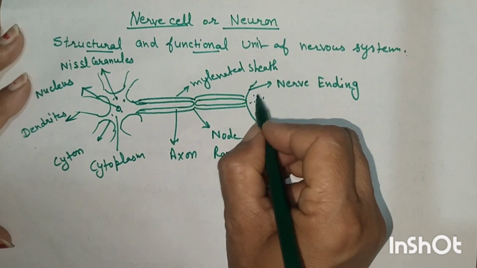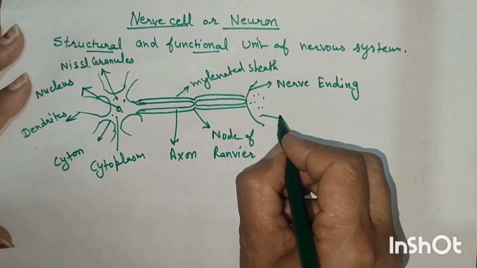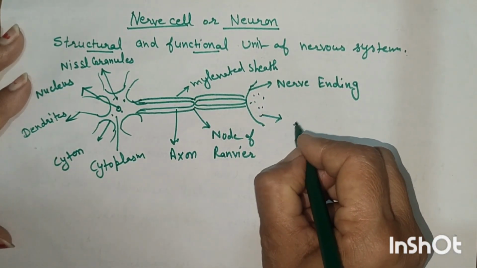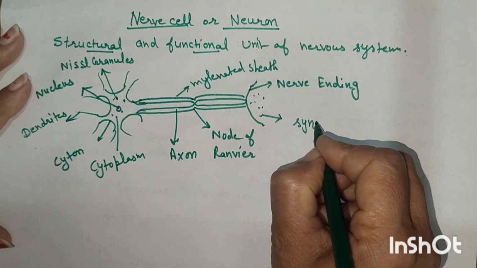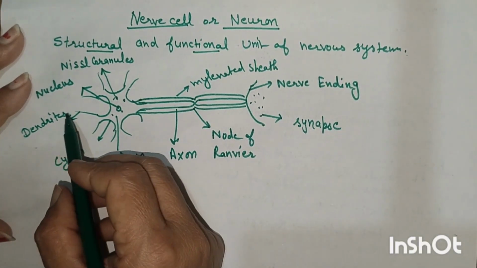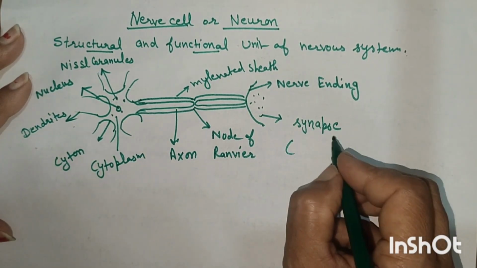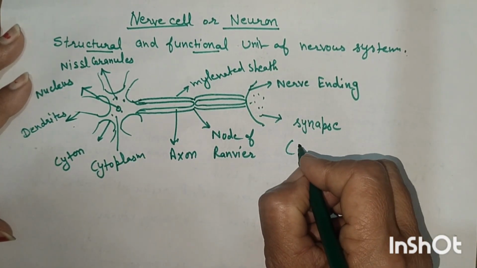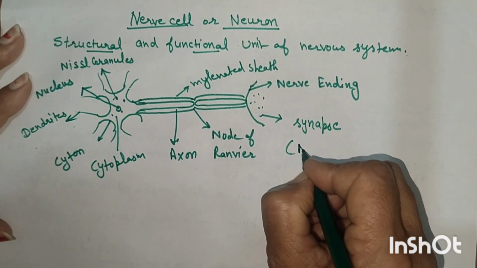Here the impulse is carried to the next neuron and the process of synapse takes place, in the form of information, in the form of nerve impulse.